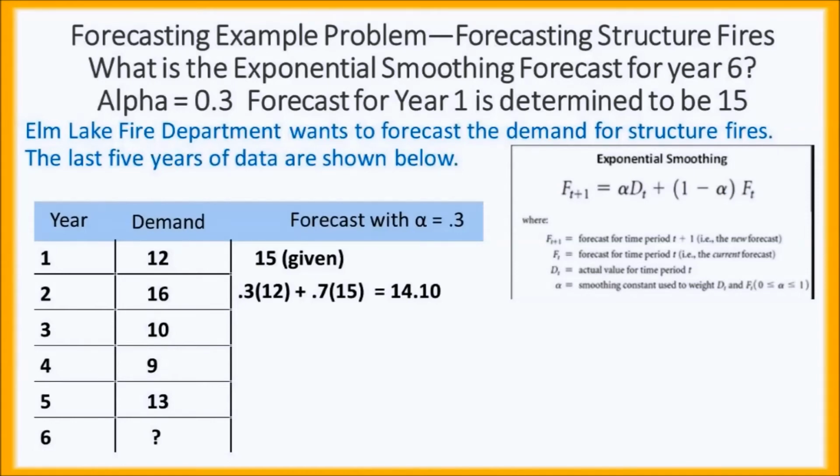So now we are standing in year 1, the current year. The current demand is 12, and our most recent forecast was 15. And we are going to have to forecast into year 2. So from the formula on the right, F t plus 1, the current time is year 1, and so we are forecasting into year 2.